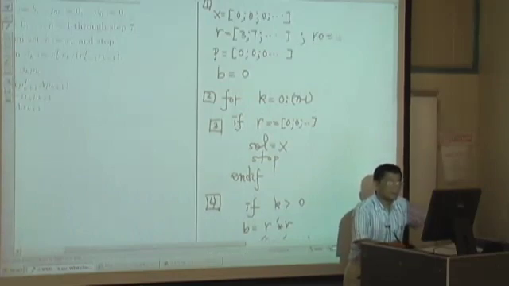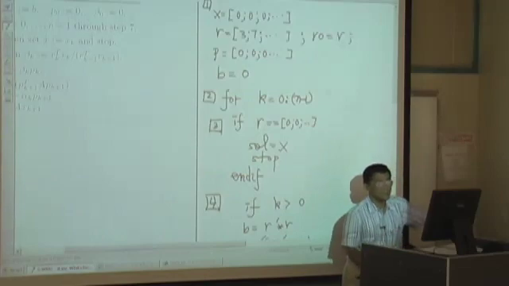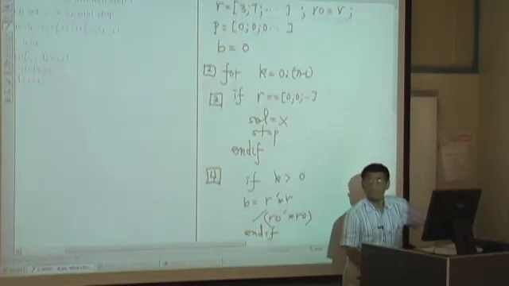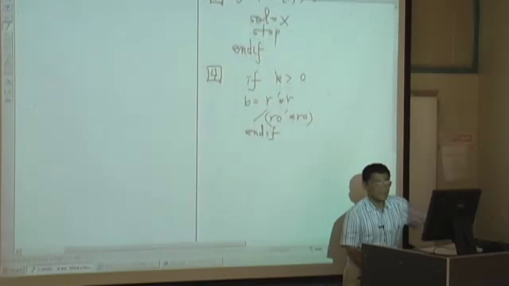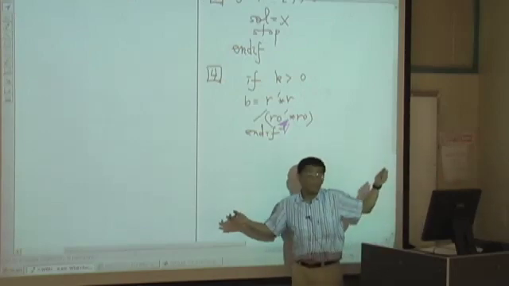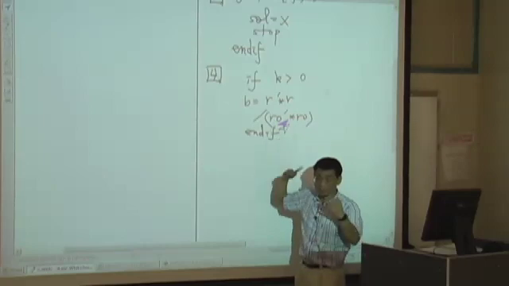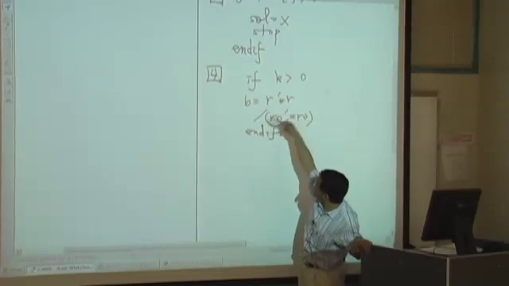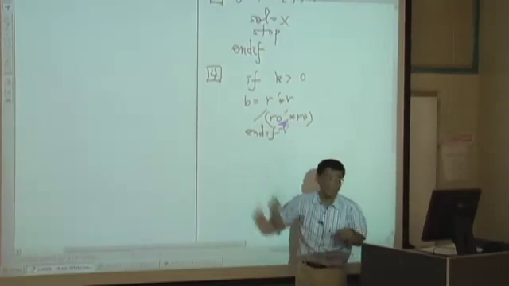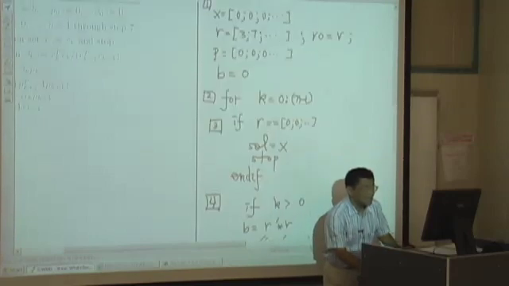So R old could be just R. It's not even used, right? But I defined it because the computer may say it's an error because R old is not even defined and it's used in the syntax. So because of this reason, I added this thing even if it's not necessary in the theory.